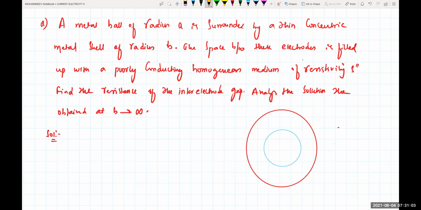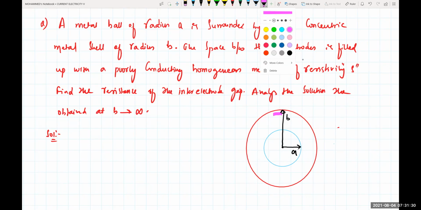The inner radius is equal to A, and the outer radius is equal to B. The space between the electrodes is filled up with a poorly conducting homogeneous medium of resistivity rho. It has been filled with the material like this.